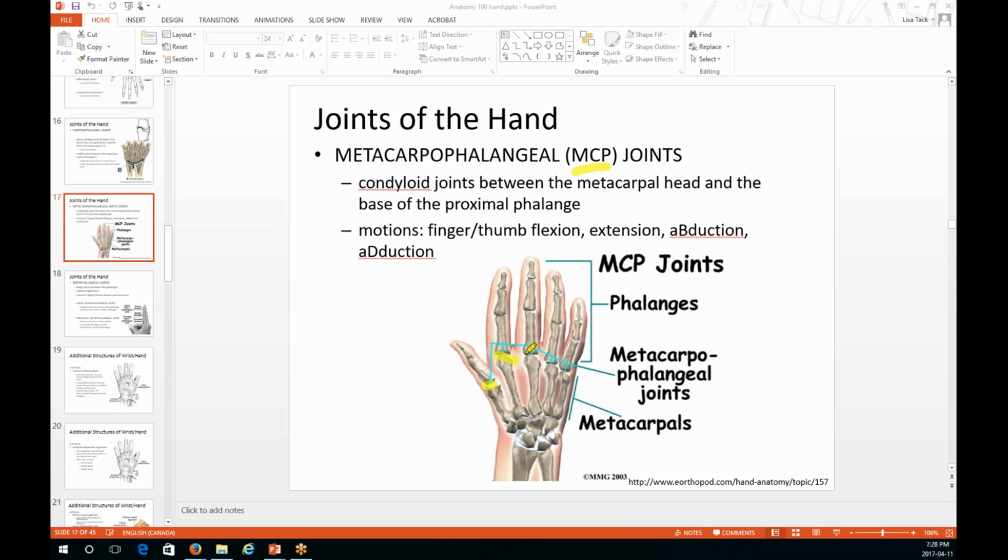So those are these right here, between the metacarpals and the phalanges. They're condyloid joints, synovial, between the heads of the metacarpals and the bases of the proximal phalanges. So here we get flexion, extension, abduction, and adduction of the fingers and thumb at these joints here.